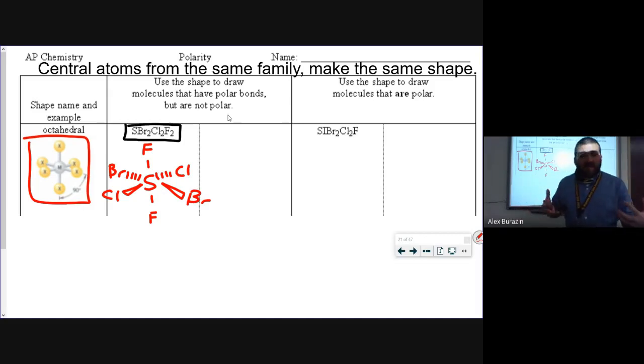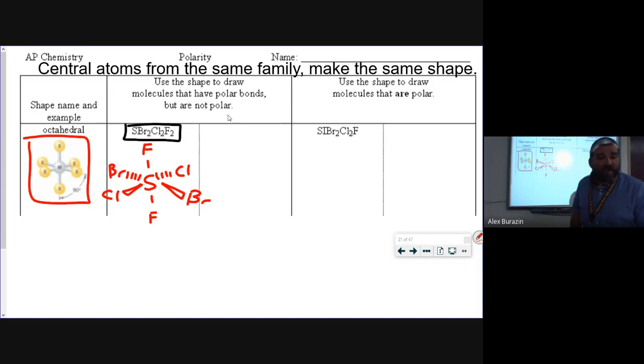This is an example of a molecule that has polar bonds, meaning if you look at every one of those 6 bonds, the electrons of those bonds are not shared equally. The electrons of every single one of those bonds are being pulled outwards towards the more electronegative atom.